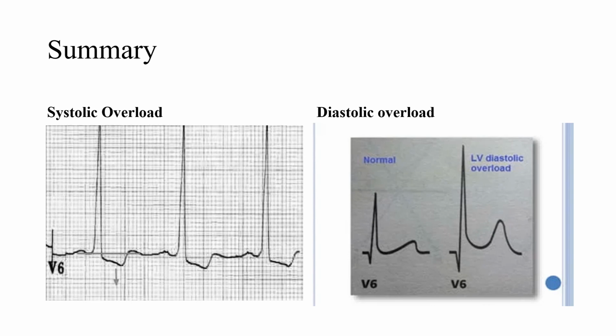And we will see some Q waves also, and these Q waves indicate the increased volume overload causing septal hypertrophy towards the basal part. So more of the vector is pointing away from the leads, and because the volume of the ventricular septum is increasing, we see these Q waves here. So compared to normal, here we are seeing the diastolic overload changes. This is how we differentiate a systolic overload from a diastolic overload on ECG.